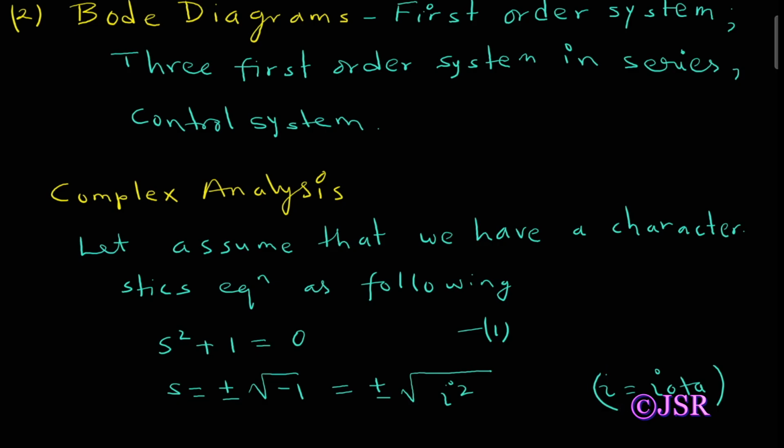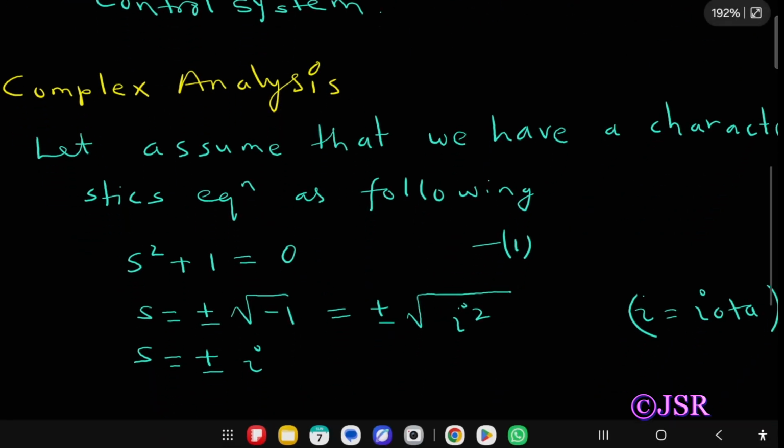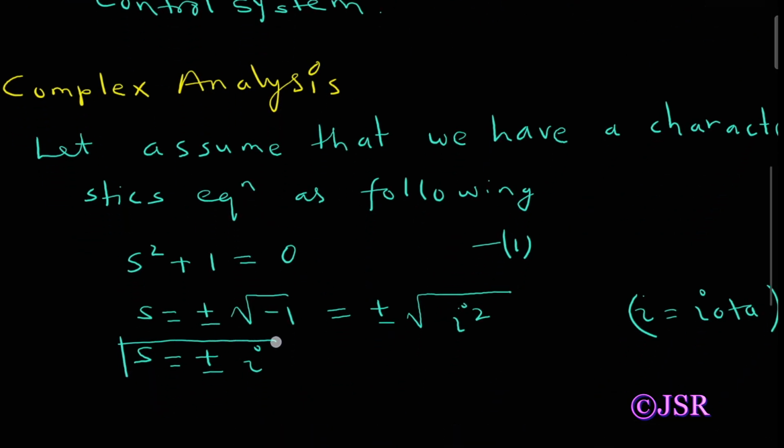So I is an imaginary number which represents the square root of -1. So we will have s equal to plus minus I as a root of equation number 1.